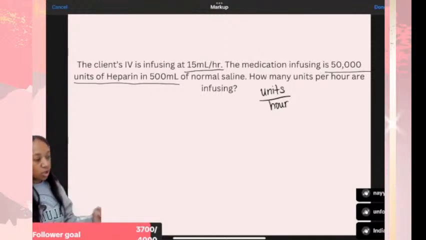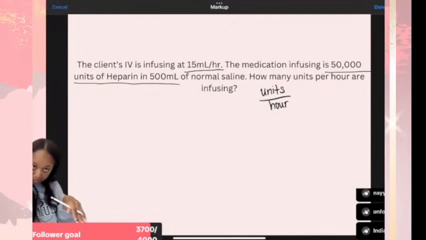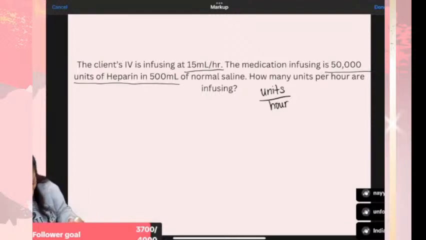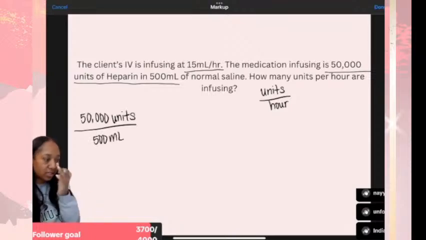Okay, so we want units to be at the top and hours to be at the bottom. Okay, so we'll start with our units. 50,000 units over 500 milliliters. I got that from the medicine that was given to us.